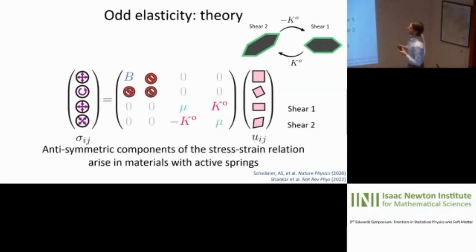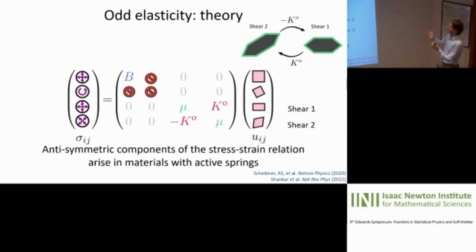There's still one more elastic constant that can appear in your system, right? And you can think of this as the non-reciprocity that I showed in the microscopic case, but now at the continuum scale, right? This is a non-reciprocity between the two directions of the shear that you're allowed to have in the lattice, and we call this non-reciprocity odd elasticity due to a historic analogy with what someone else called odd viscosity.